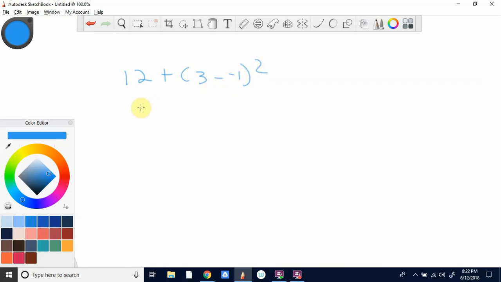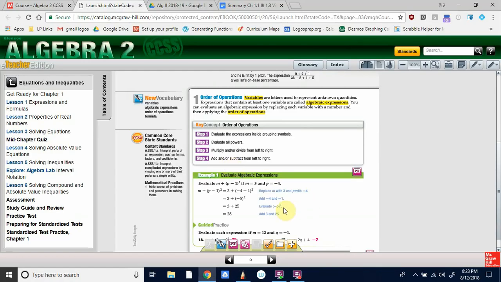Now this becomes 3 plus 1 squared, this becomes 4 squared. 4 squared is 16, 12 plus 16, and we simply get 28 as our solution. Okay?